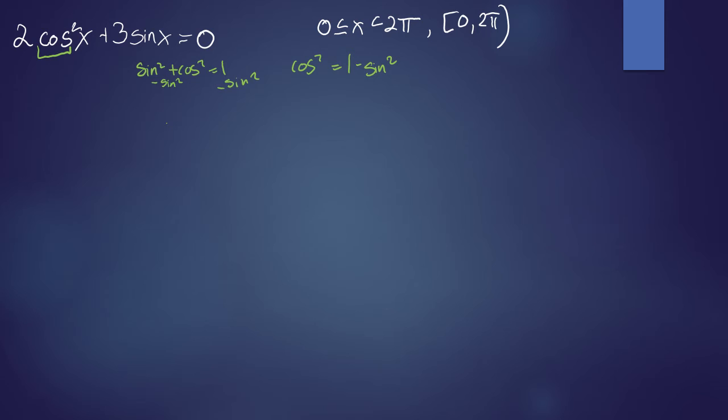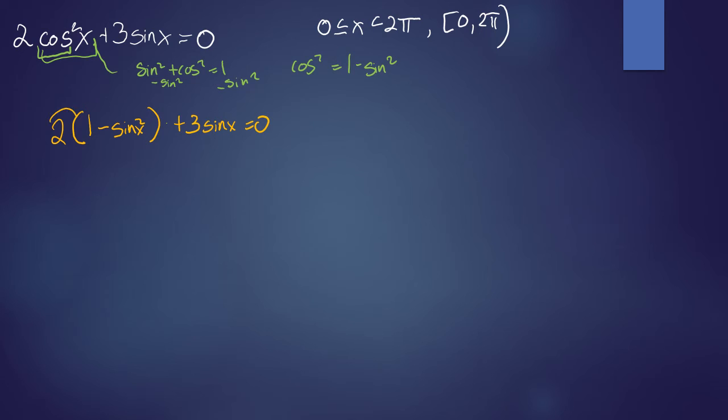And so that is what we're going to put in place of this. So let's give that a try. We've got 2 times 1 minus sine squared plus 3 sine, can't forget the x, equals 0.